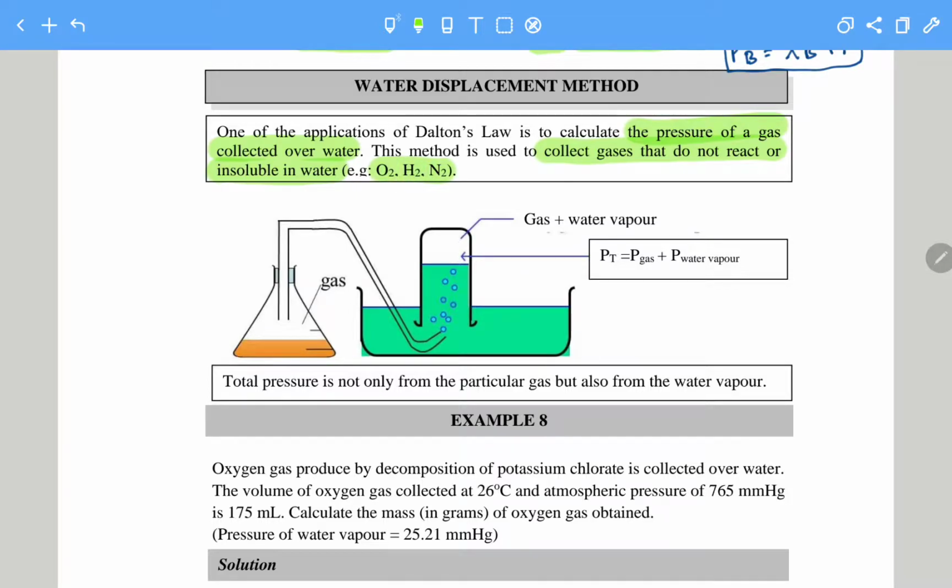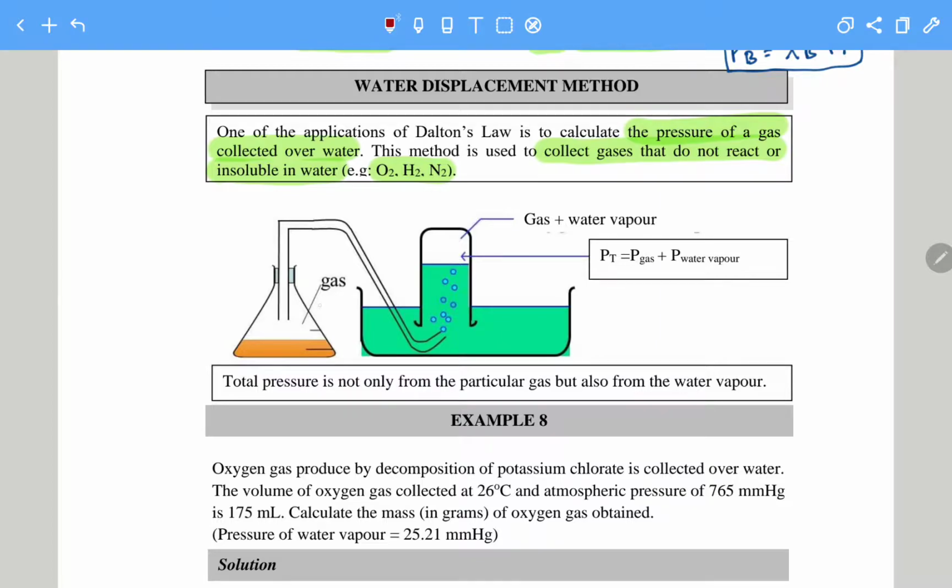So if we take a look at the diagram provided to us, for example, inside this conical flask, a chemical reaction occurs between reactants. Kalau kita campur reactants together inside the conical flask, the chemical reactions will occur, and one of the products adalah gas, right?